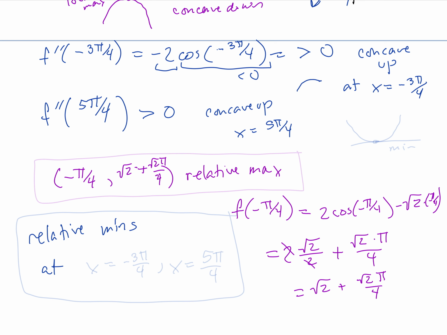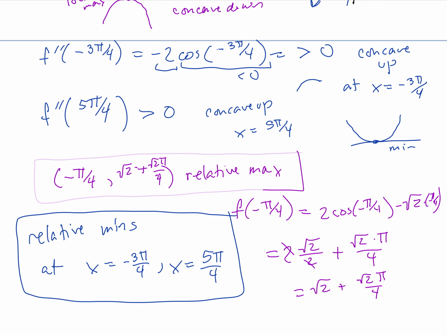Concave up means that we are shaped like this, and that means that this is a relative min. So we've got relative mins at x equals negative 3 pi over 4 and x equals positive 5 pi over 4. And we can plug in those values if we wish, or we can just leave it at that.